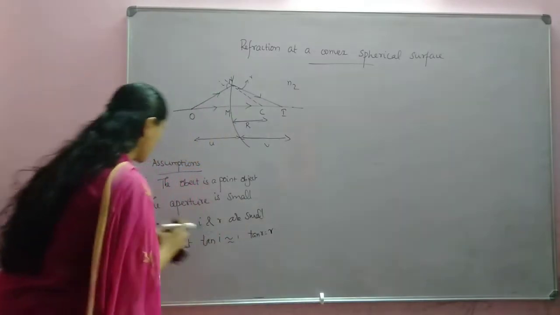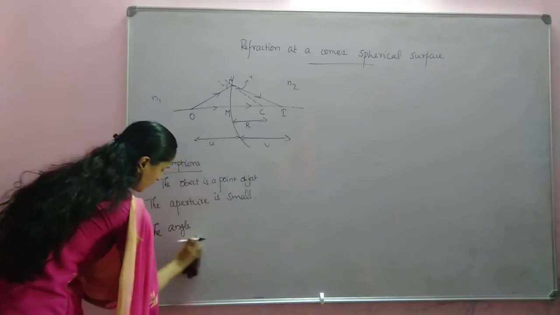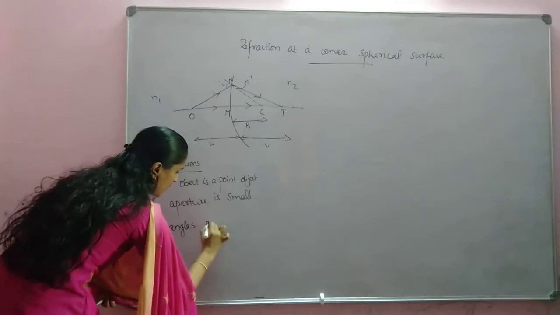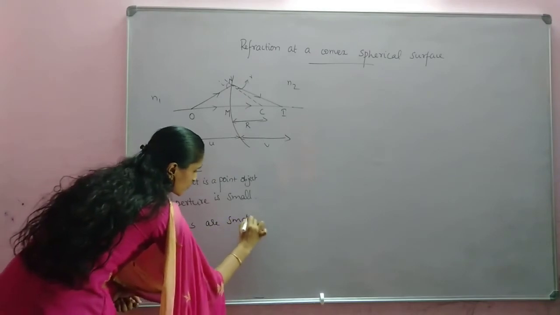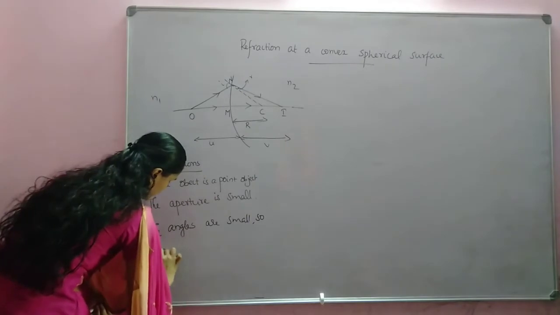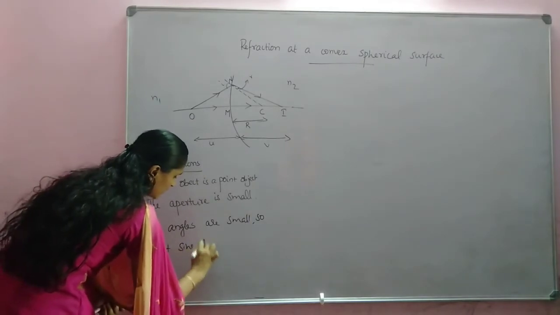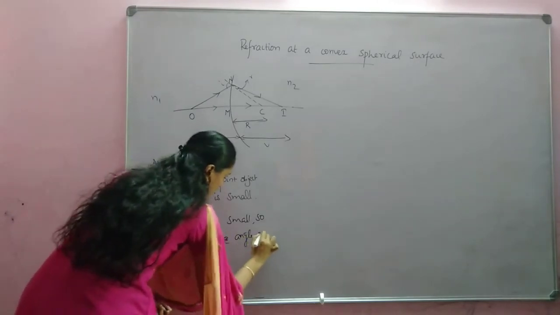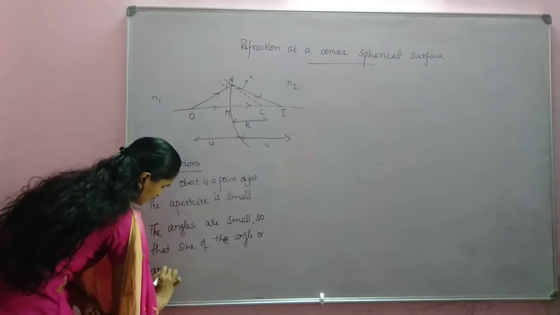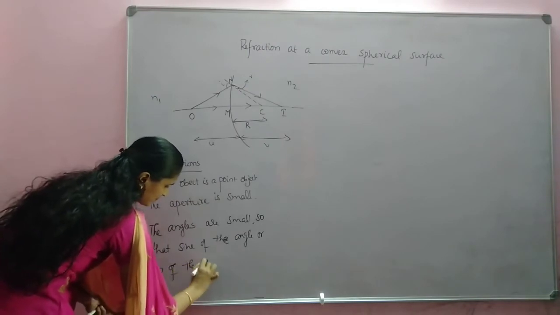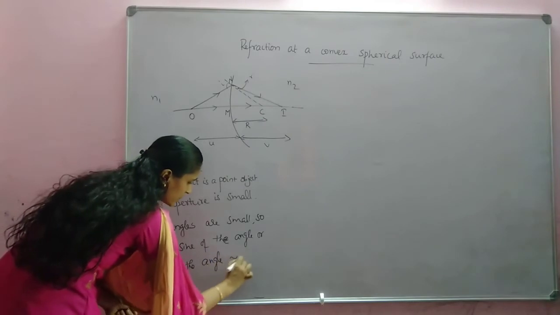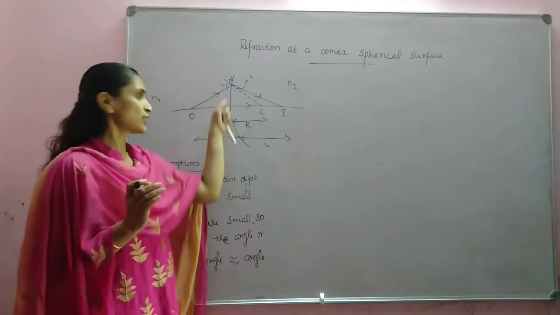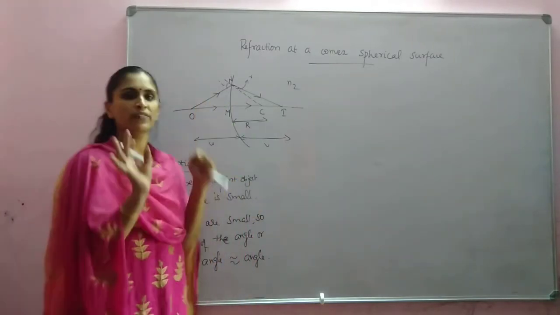So we can write: the angles are small, so that sine of the angle or tan of the angle can be approximately equal to the angle itself. Because the aperture is very small, these angles will also be very small.